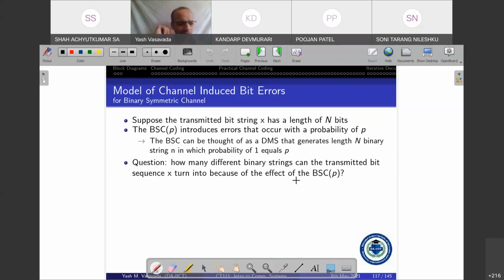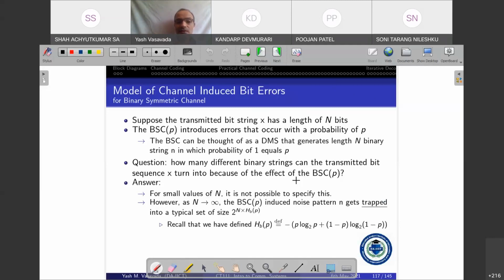Okay, so I see that many of you are a little bit fuzzy and vague about the concept of typical sets that we had studied at the end of the data compression topic. So maybe you want to go back and revise that concept. What we had concluded was that for small values of n, we can't specifically answer this question.